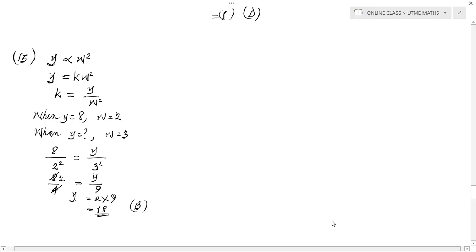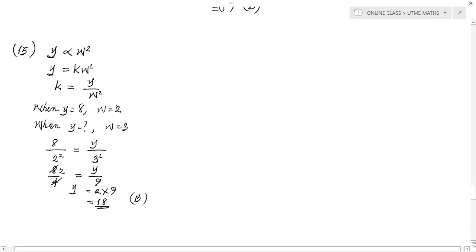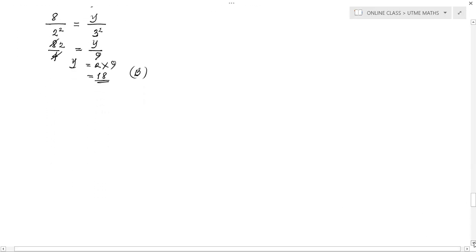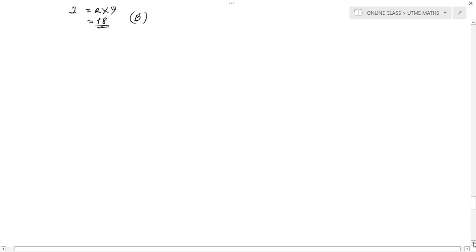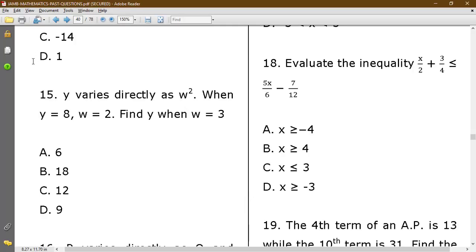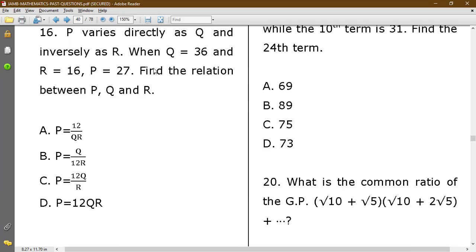So now the next thing is to find number 16. Number 16 is the next solution to be gotten now. So we have 16 here, and that is number 16 to be solved.